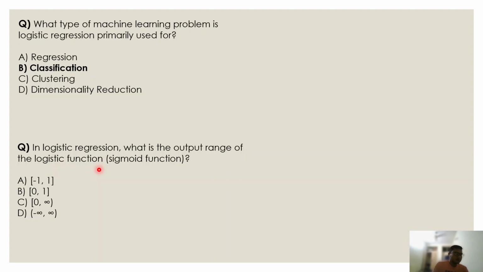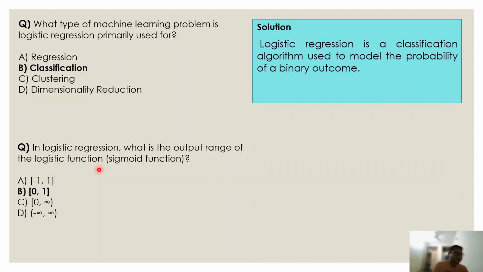The correct answer for this is B. We want to convert the minus infinity to plus infinity value we are getting out of the decision boundary line into the 0 to 1 range, and that's why we utilize the sigmoid function. The question asks what its range is, and its range is 0 to 1. That's why B is the correct answer.